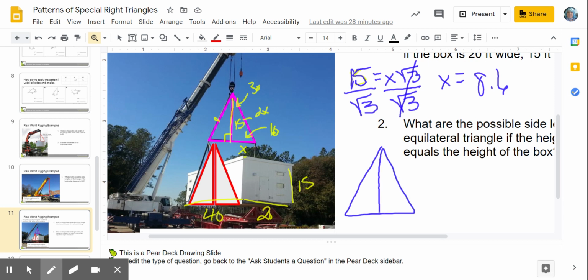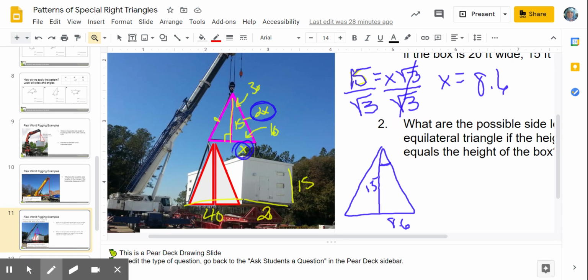So I've got my equilateral triangle. I've got a height of 15, and I've got a base down here of 8.6 because that's opposite my 30-degree angle. So how do I find the hypotenuse? If I know the bottom is 8.6, that small side, how do I find the hypotenuse?